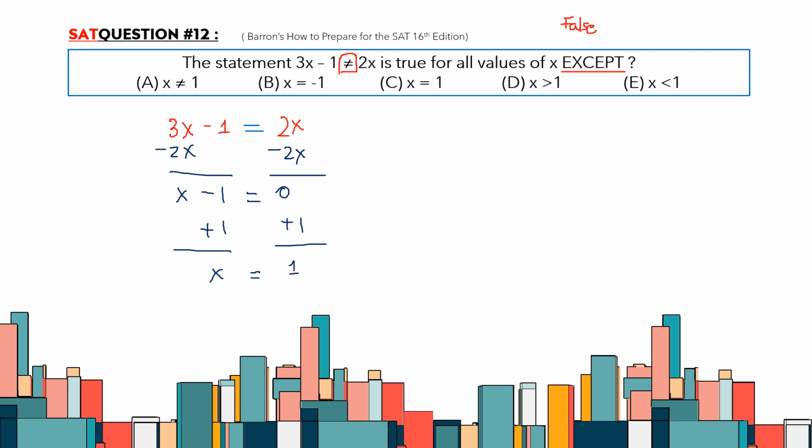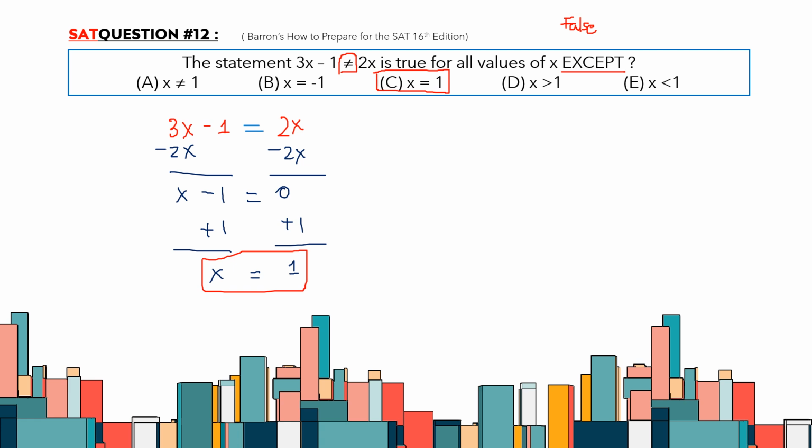So x equal 1 will make the statement false. So C is the right answer.